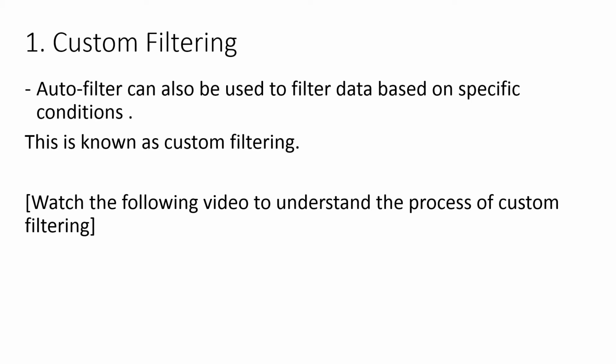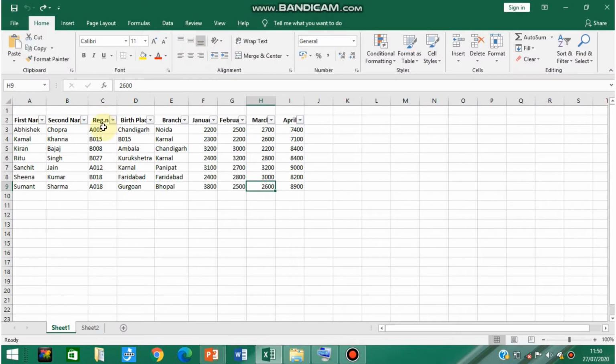Now let us see how to use this in MS Excel. By watching the video, I will explain in parallel how to use the custom filtering feature. As we have seen, the drop-down controls appear next to each column heading.